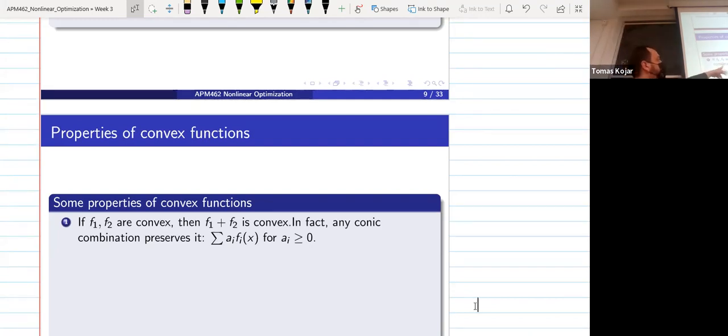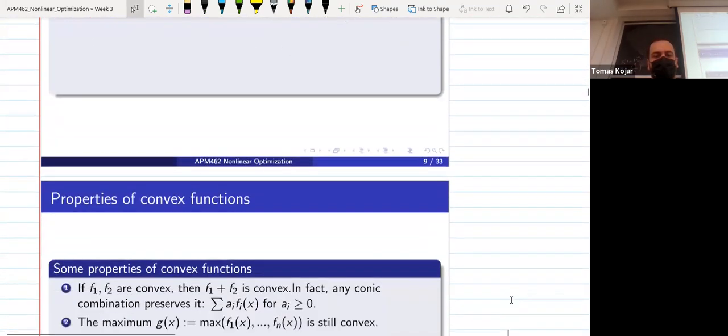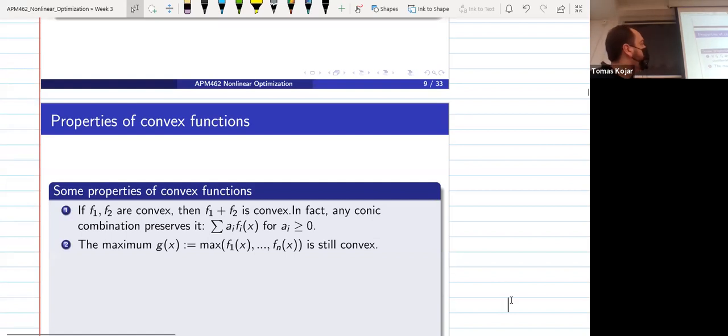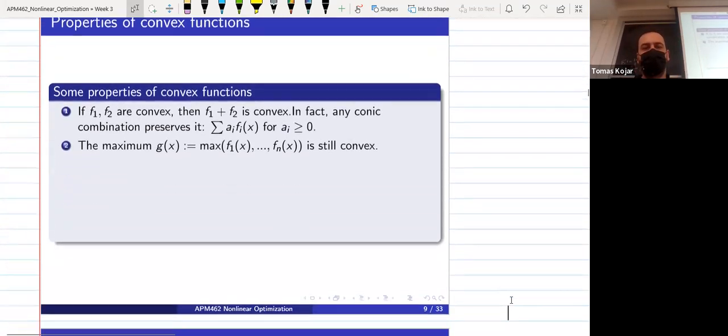So if you give me any functions and you multiply them by some weights, usually these are denoted by weights in applications, you preserve convexity. Okay. All right. So we might prove it. I think it's pretty easy. We talked about the maximum. So this maximum is still convex. That's another property. We'll prove some of them, it's fine.